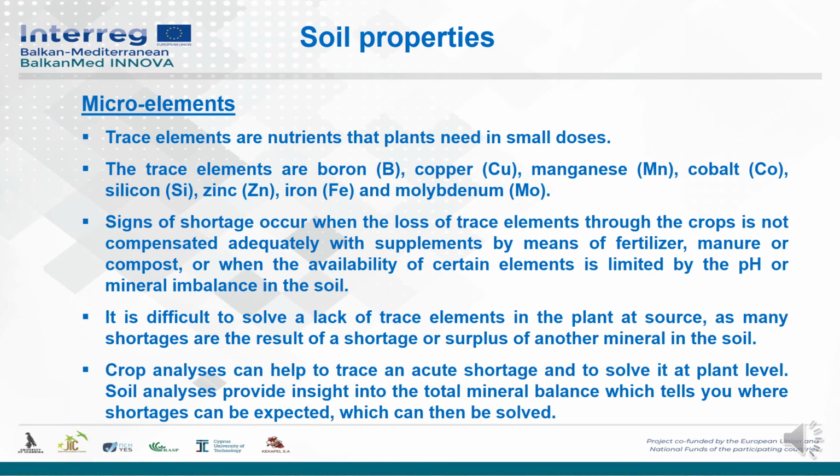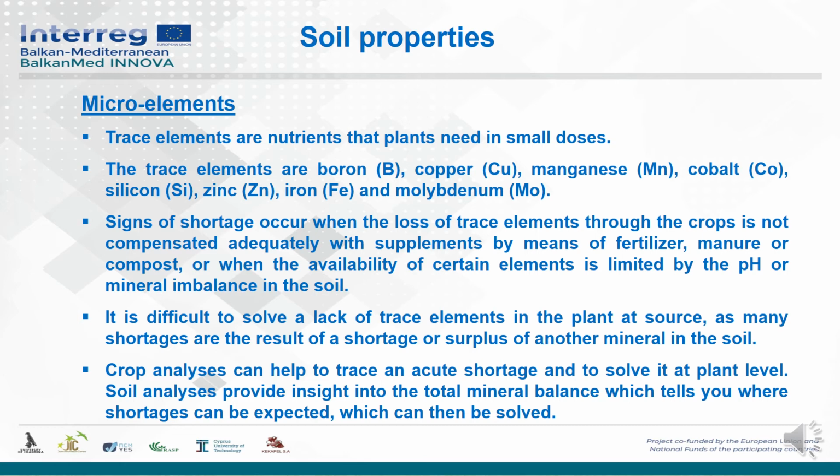Speaking about microelements. Microelements are also called trace elements. They are nutrients that plants need in small doses. The trace elements are boron, copper, manganese, cobalt, silicon, zinc, iron, and molybdenum.